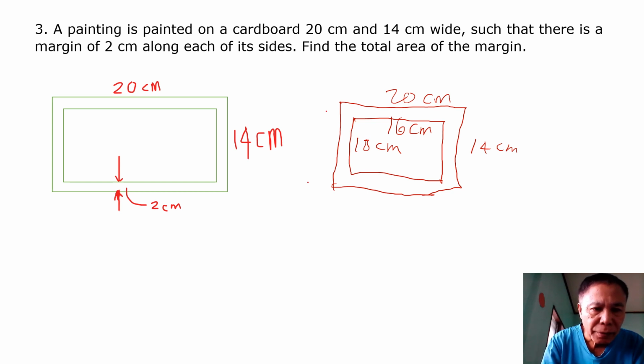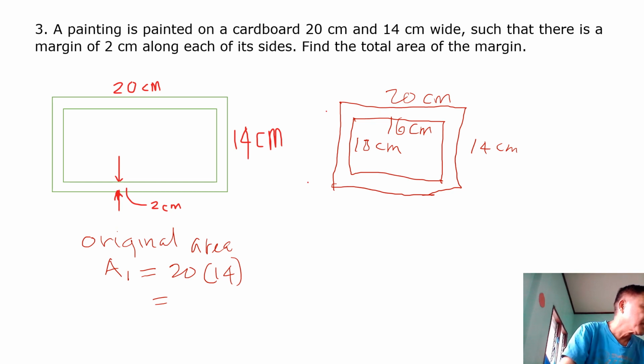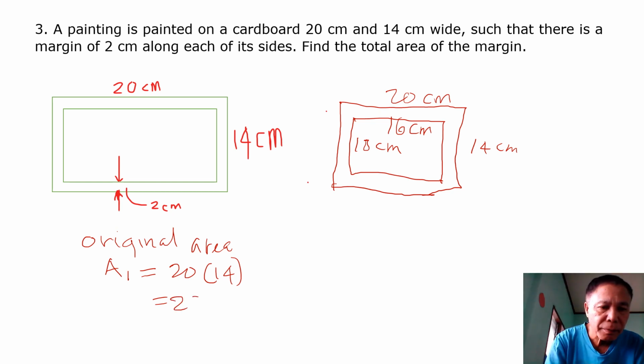So the original area, make that A1, equals 20 times 14. So 20 times 14, you have 280 centimeters squared.